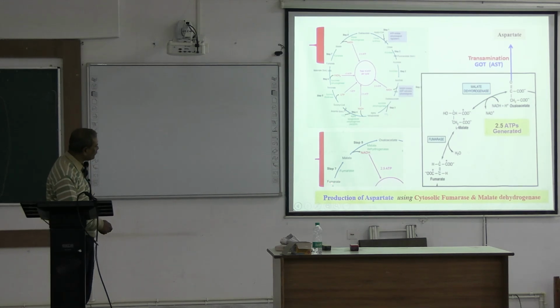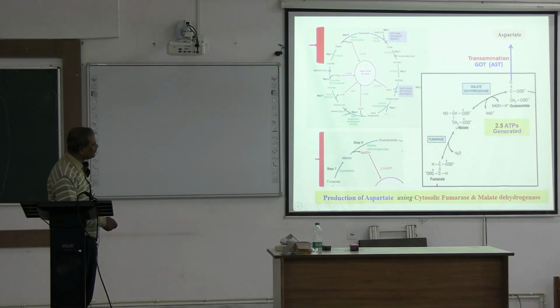So, you see here fumarate getting converted to malate and then to oxaloacetate, and while it is producing oxaloacetate, one molecule of NADH is produced also. The same reaction is occurring by the cytosolic fumarase and malate dehydrogenase, not mitochondrial. Fumarate to malate, and malate is converted into oxaloacetate in the same way, just like the TCA cycle.